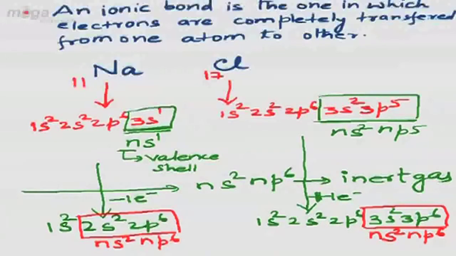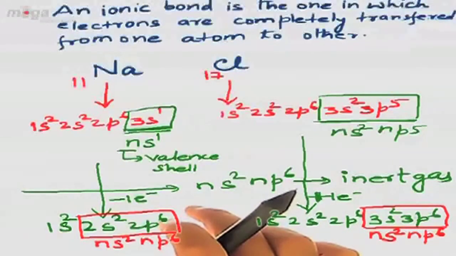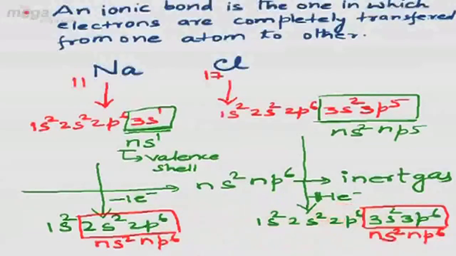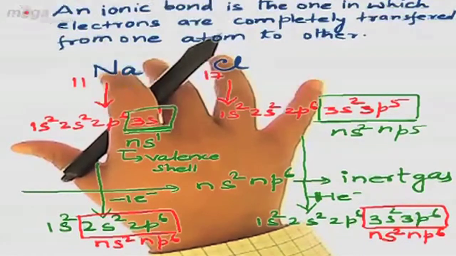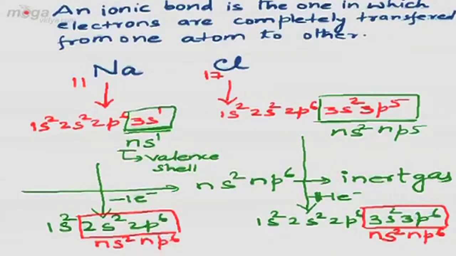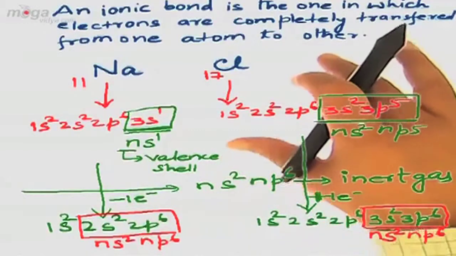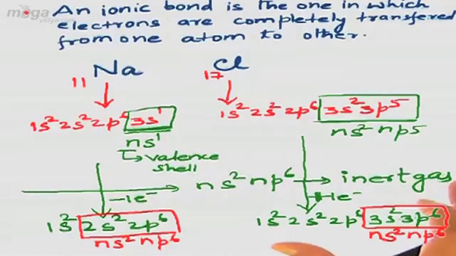Now student, the question is, are we observing that during the bonding between Na and Cl there is complete transfer of electron from the sodium atom to the chlorine atom? As already defined, during ionic bonding electrons are completely transferred from one atom to the other, and the same situation we are observing here: sodium is undergoing the loss of one electron to attain the ns2np6 configuration, while chlorine is undergoing the gain of one electron to attain the ns2np6 configuration.